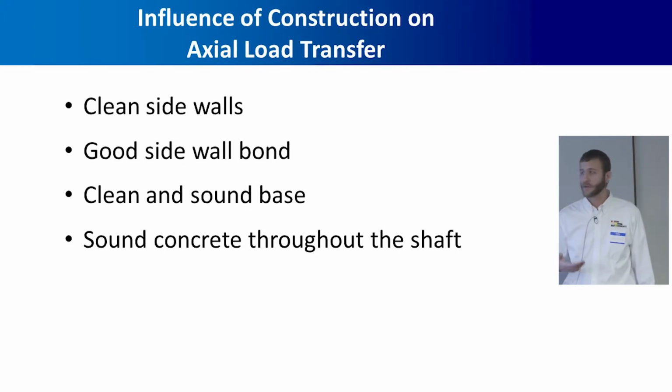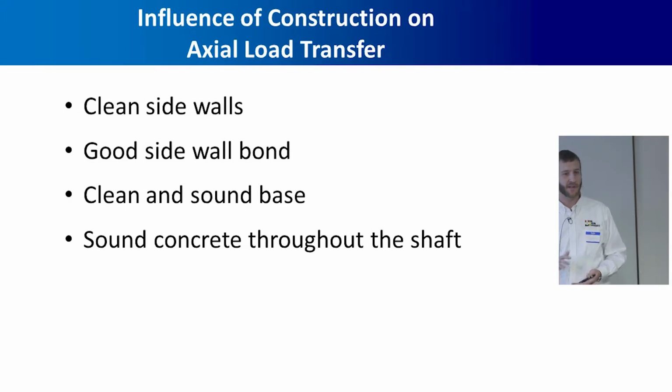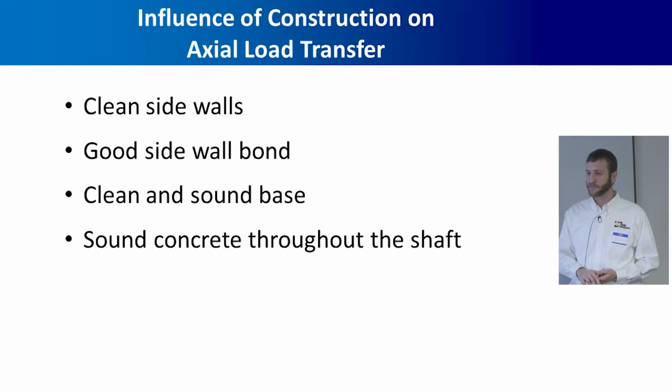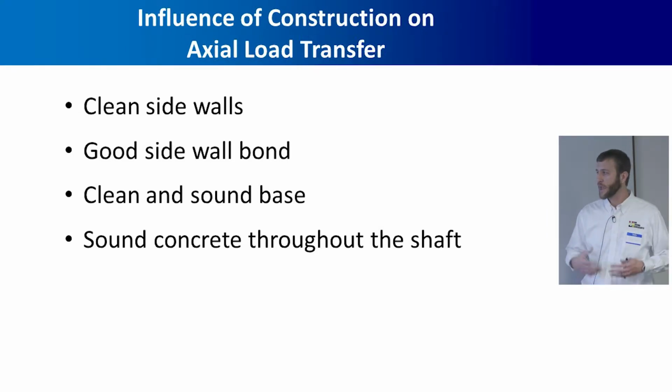We want to have a clean, sound base, so we want to make sure that we don't have soft material left in the bottom of the hole. We want to make sure that we're bearing in good quality material that we expected to be bearing in. And we also want to make sure that we have good quality concrete throughout the shaft.